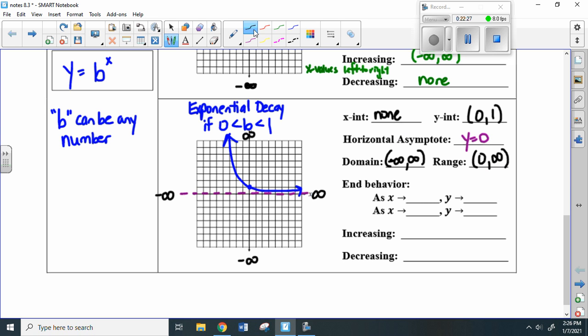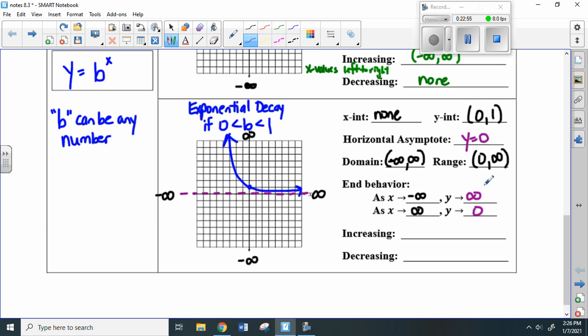End behavior changes slightly, right? Because it's the right end that's flat. It's the right end that's really close to the asymptote, so it's the right end that gets the 0. But when I look at the left end, that one's pointing up, so that one's going to get the positive infinity.